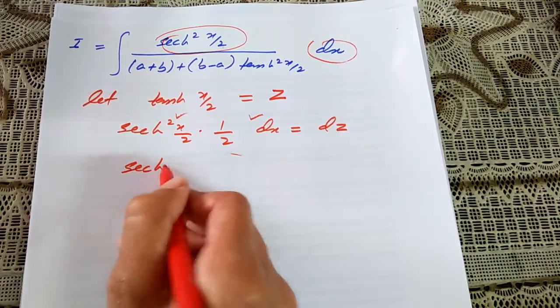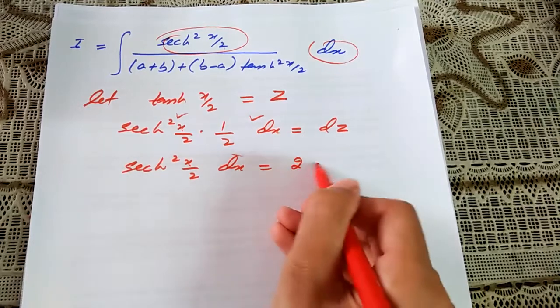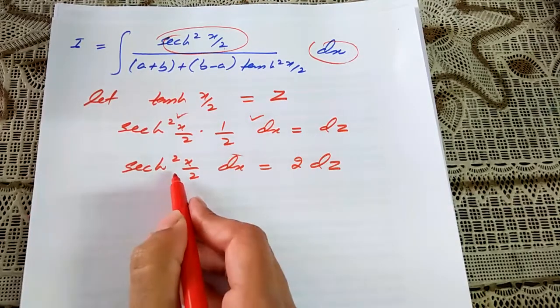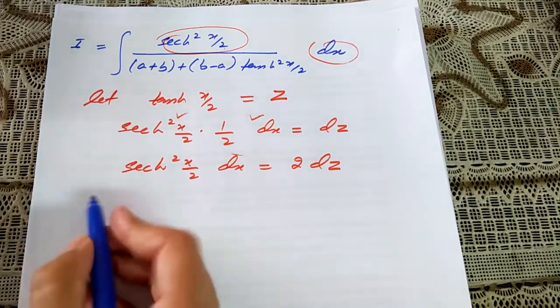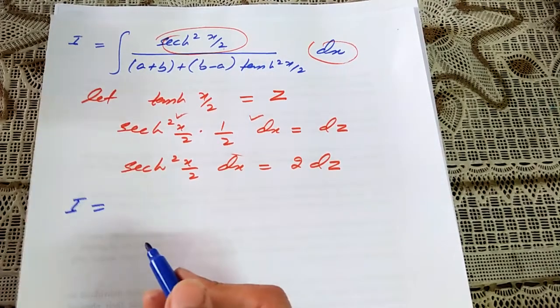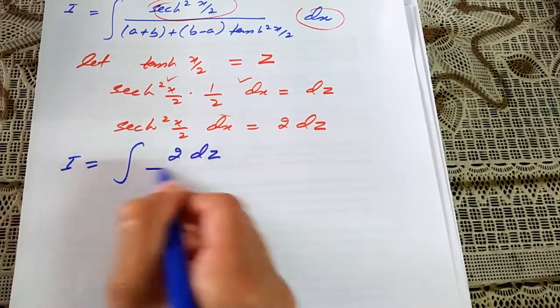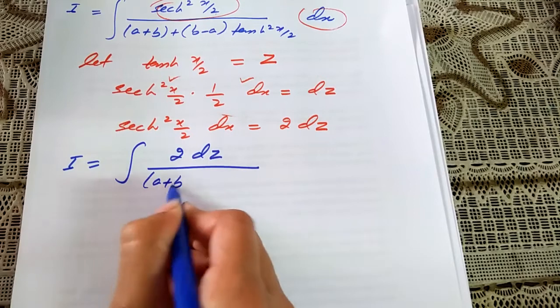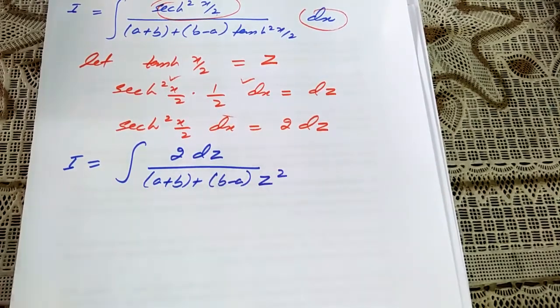We'll get sech squared x by 2 dx will be equal to 2 dz. Use this substitution here in this integral. We will get I is equal to the integration of 2 dz divided by a plus b minus a times z squared.